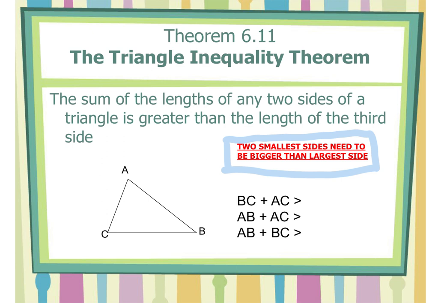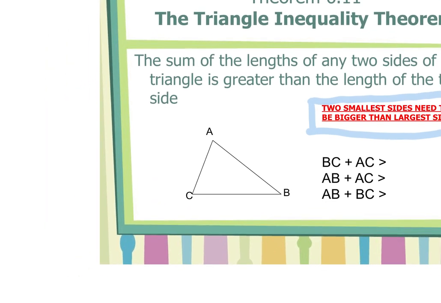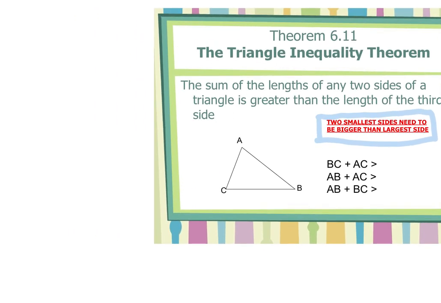Now, let's think about that visually, right? Let's say we had a side that was 4 units, a side that was 10 units, and a side that was 20 units.